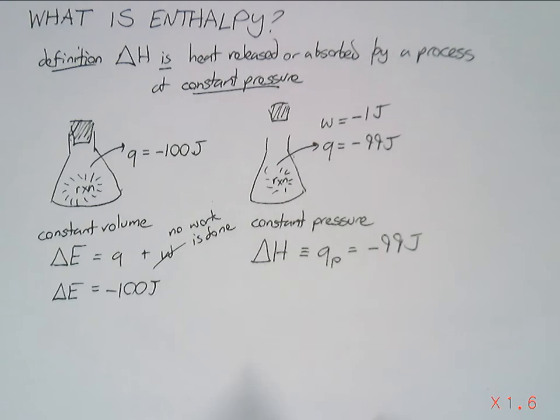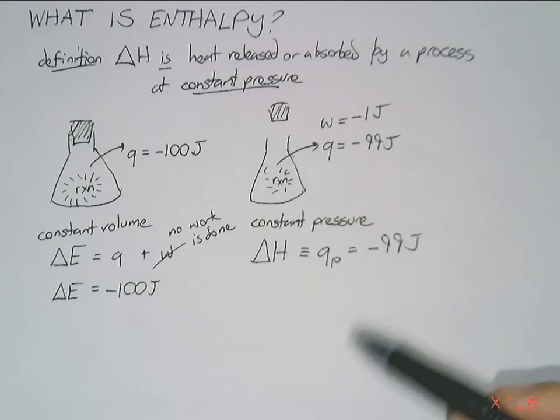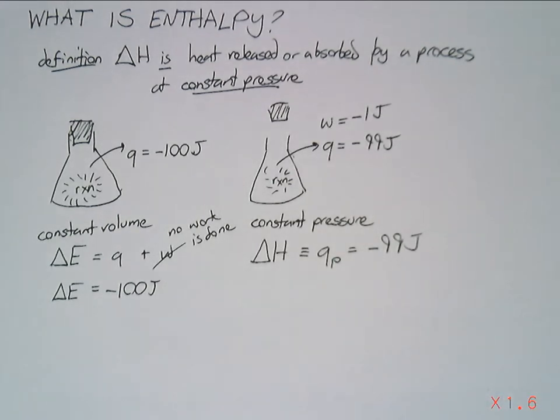Now we can just use enthalpy changes for reactions from now on instead of using energy changes. And that way we don't have to worry about the work. And as long as we consistently use enthalpy changes when we're looking at reactions, when we're studying how reactions go, we're going to be fine.